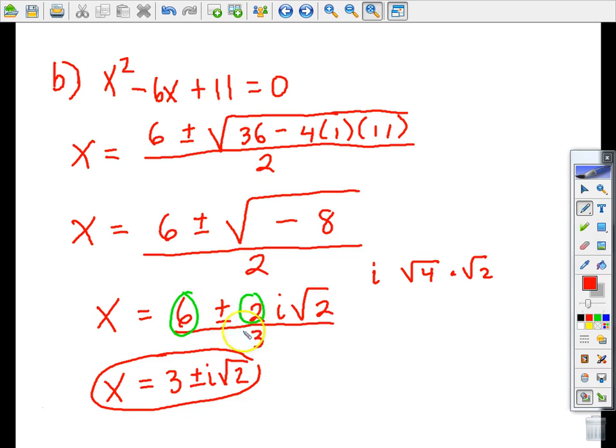So if I divide 3 into 6, I also have to divide 3 into 2. I can't divide into 1 and not the other one. It's all right if I wrote it as 2 plus or minus 2/3 i root 2. That's fine, but I would just leave it like this. You cannot reduce because you don't have the same number besides 1 that divides into all 3 numbers, 2, 3, and 6.